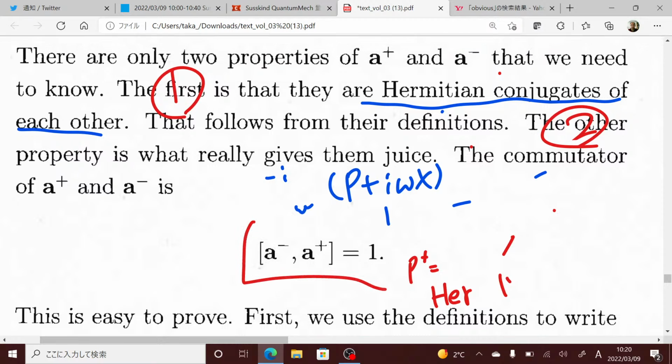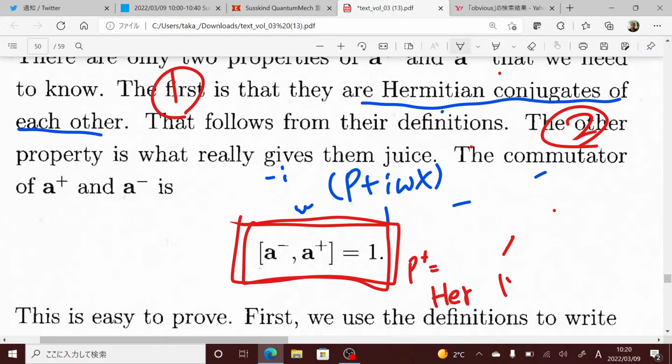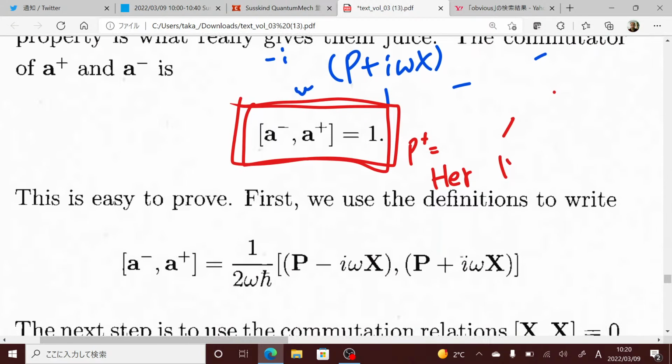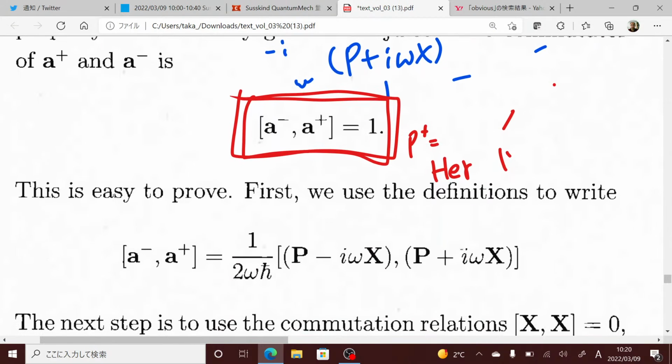This commutator of A plus and A minus is 1. This is easy to prove.